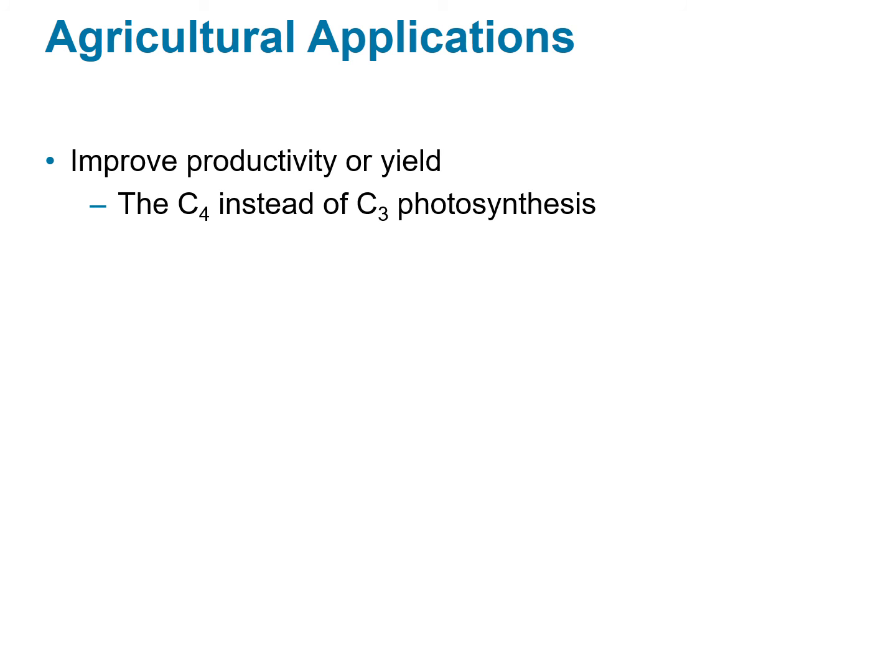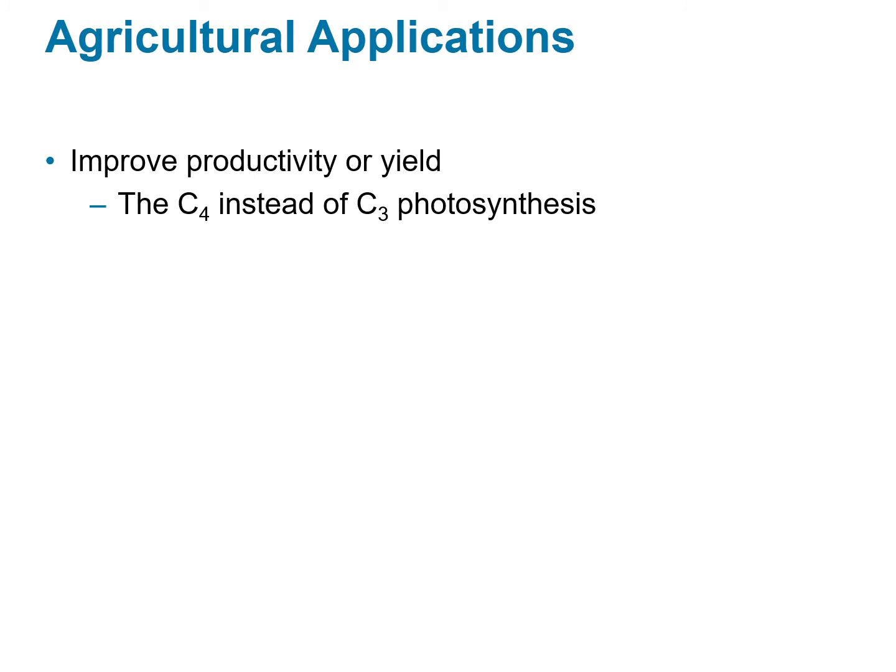In terms of agricultural applications, you might want to genetically engineer certain crops to be able to withstand certain conditions. For instance, you might want to improve the productivity or the yield of plants. So remember the difference between C4 and C3 photosynthesis? Those organisms that undergo C3 photosynthesis can be affected more by conditions where there's less water, right?